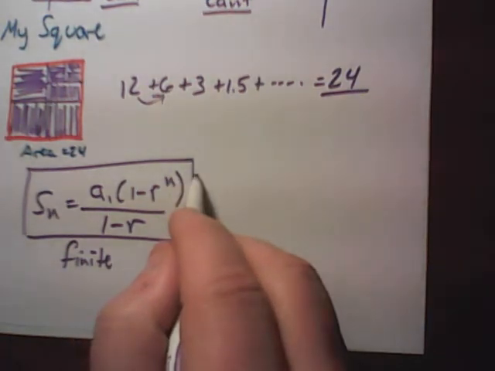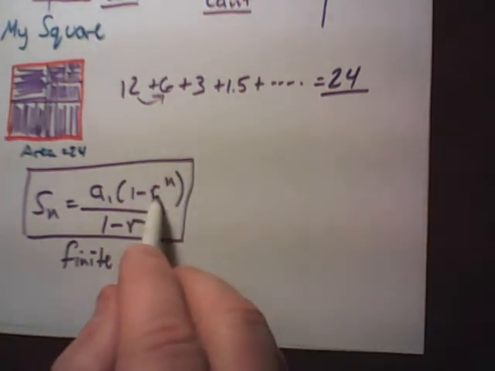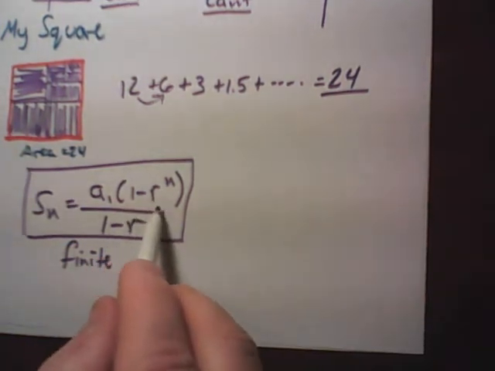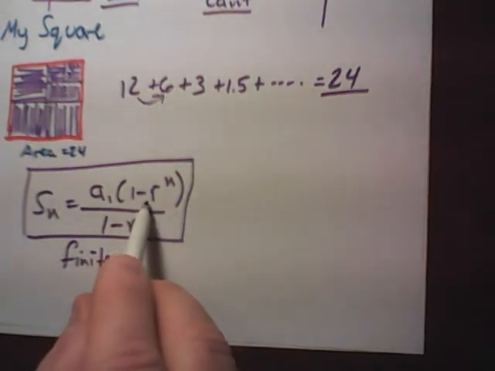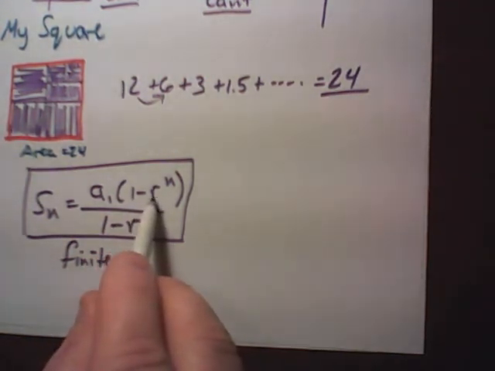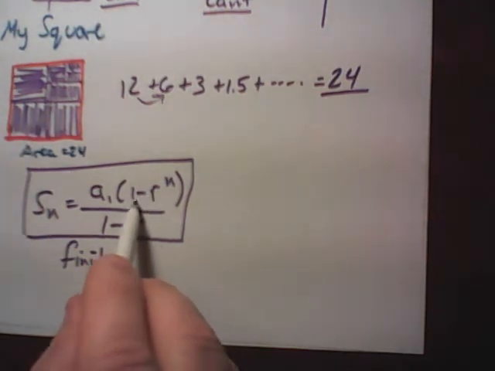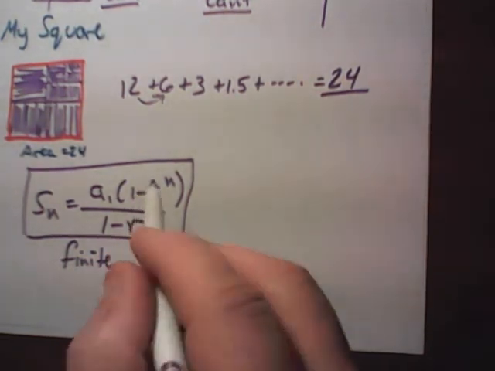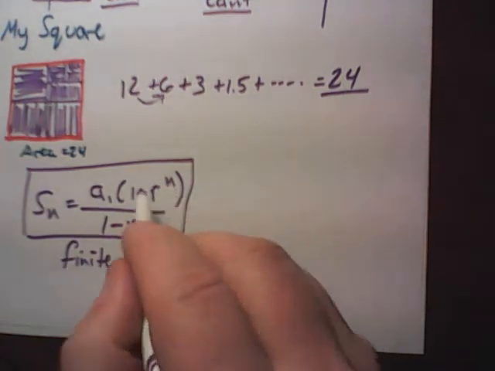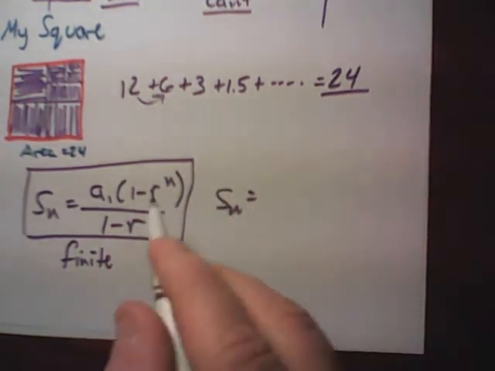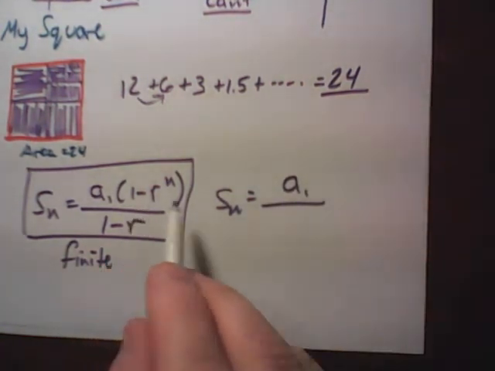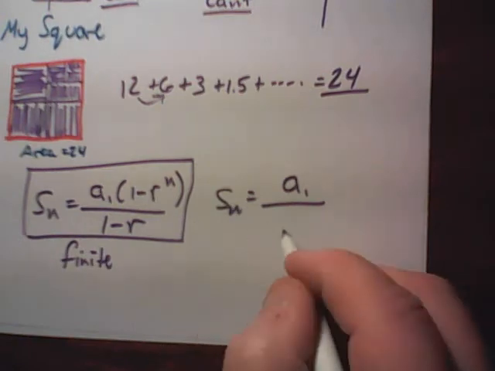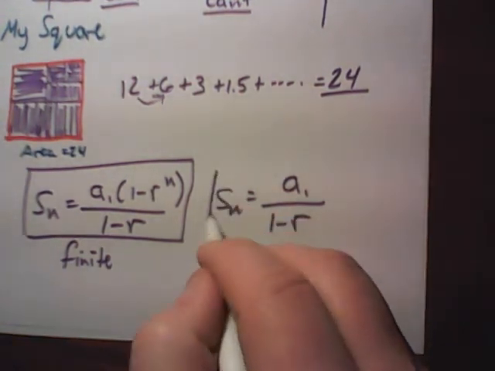So as n goes to infinity, this is 1 minus something that's getting smaller and smaller and closer to 0. So what's in parentheses here is getting closer and closer to just being 1 minus 0, which is really 1, which means that if it converges, the formula we can use is just going to be a sub 1 times 1, which is a sub 1 over 1 minus r.